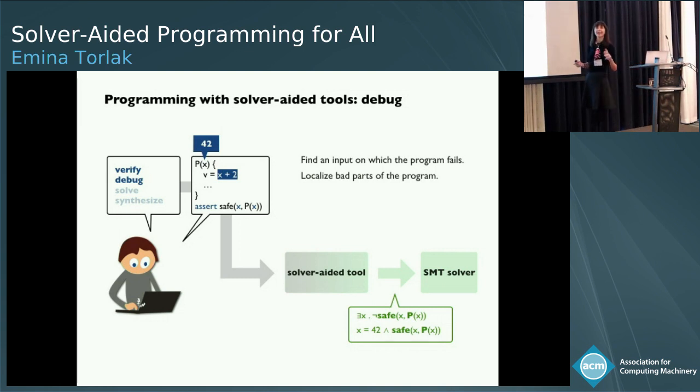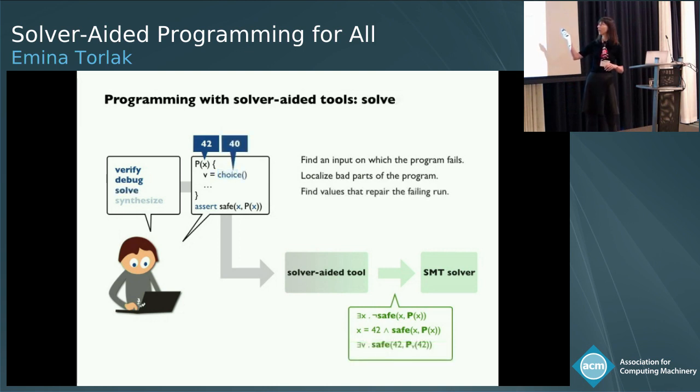So one expensive choice is a runtime repair, where we actually replace this expression with a call to some magic function choice. Think of it as Floyd's choose operator, non-deterministic angelic choice. And at runtime, the solver will be invoked, and it will return a correct value such that the rest of the program will execute without any assertion failures.